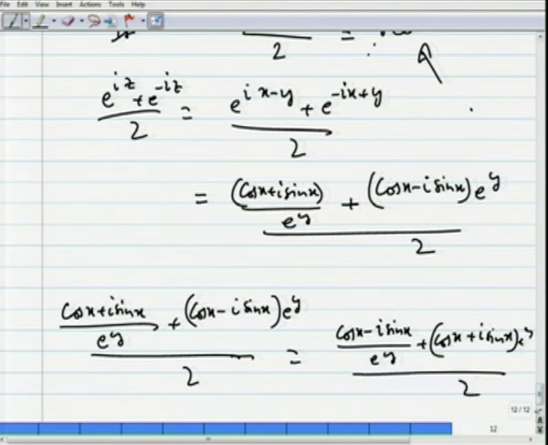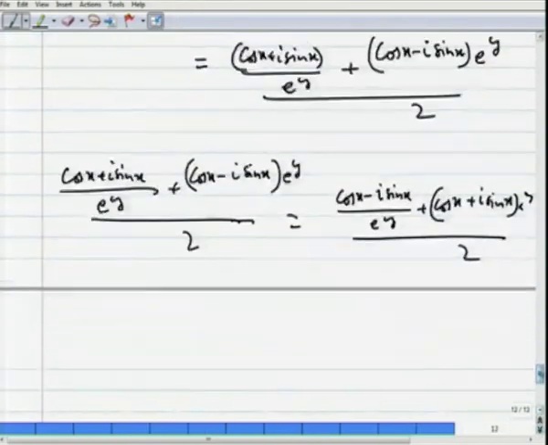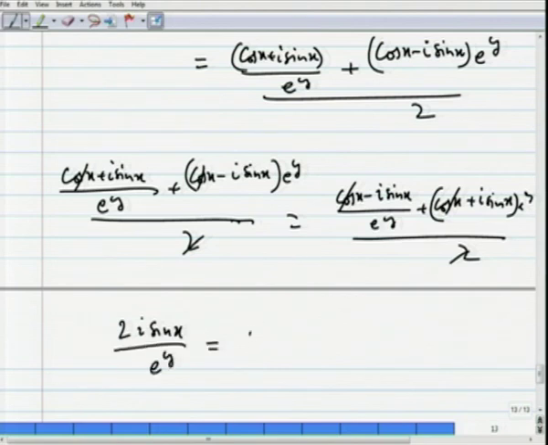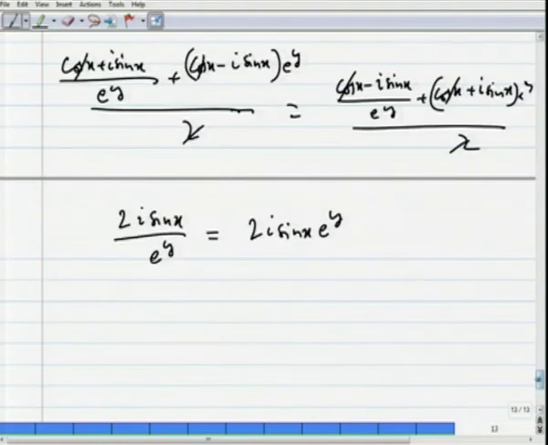Upon simplification, these cosine x's cancel, and the 2's cancel, of course. So, you are left with 2 i sin x divided by e power y is equal to 2 i sin x e power y. So, you end up with the equation sin x times 1 minus e power 2y is equal to 0.